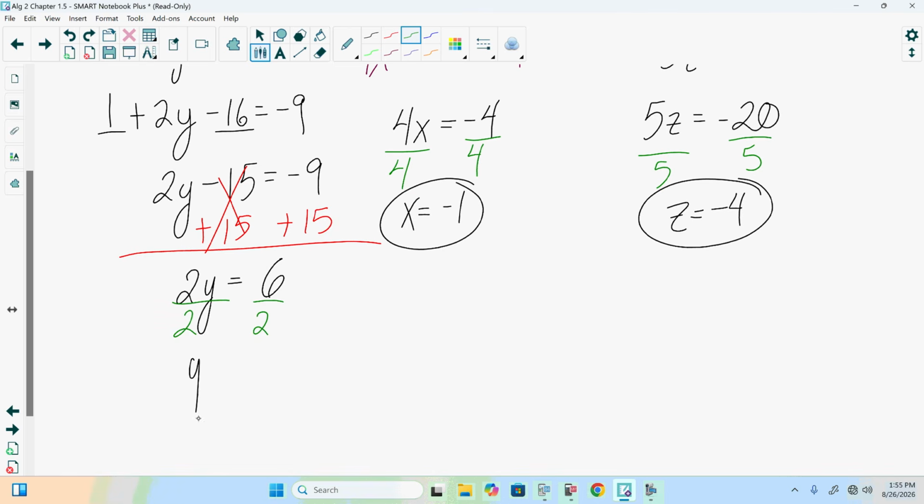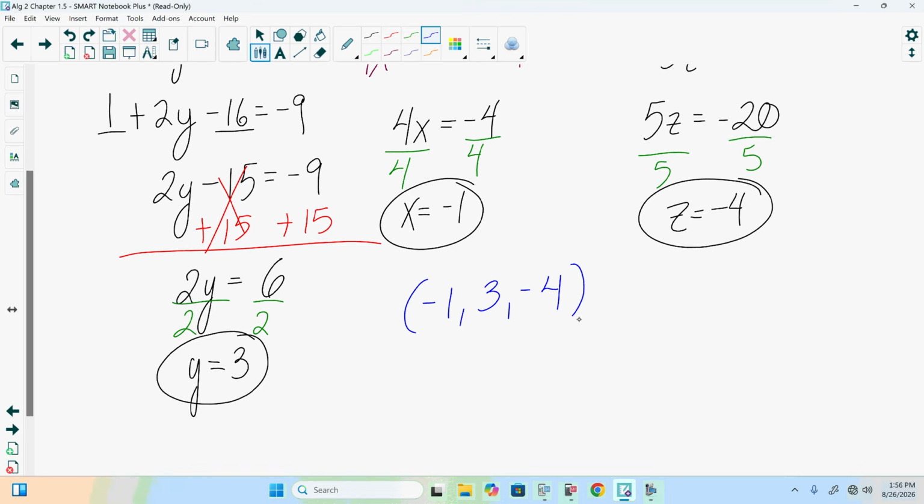Tells us y is equal to 3. So our ordered triplet for this point would be what? Positive 3. Negative 4. Negative 1, 3, negative 4. X, Y, Z. We always order it alphabetically.